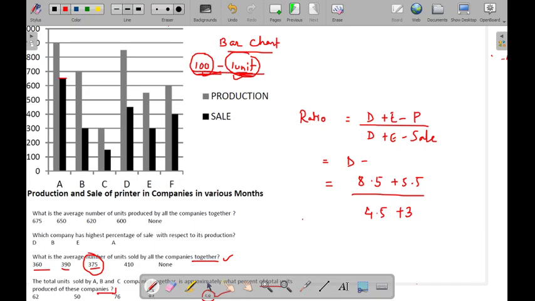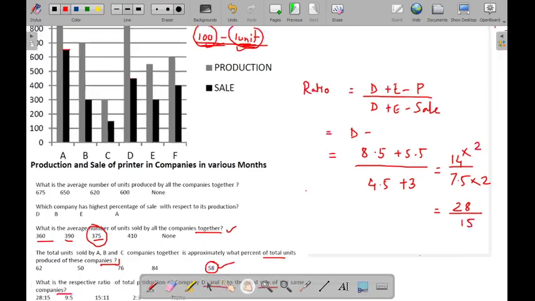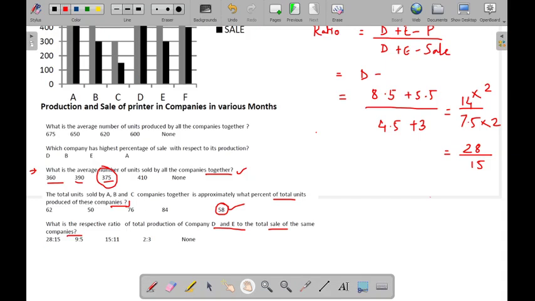This will be 14 upon 7.5, multiply by 2. This is 28 is to 15. Answer is the first option.